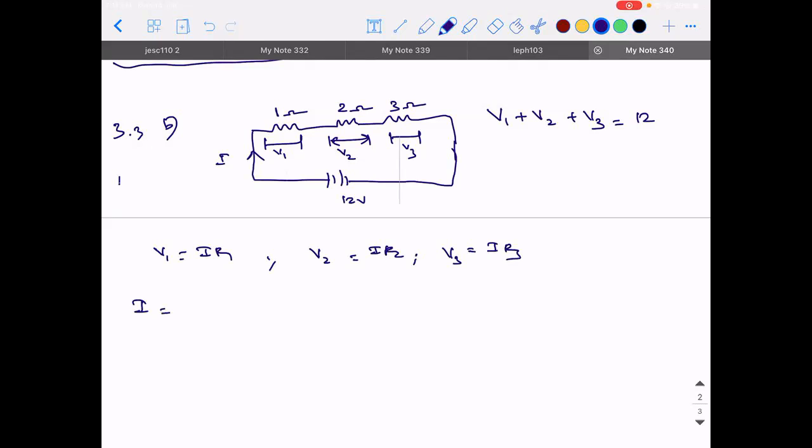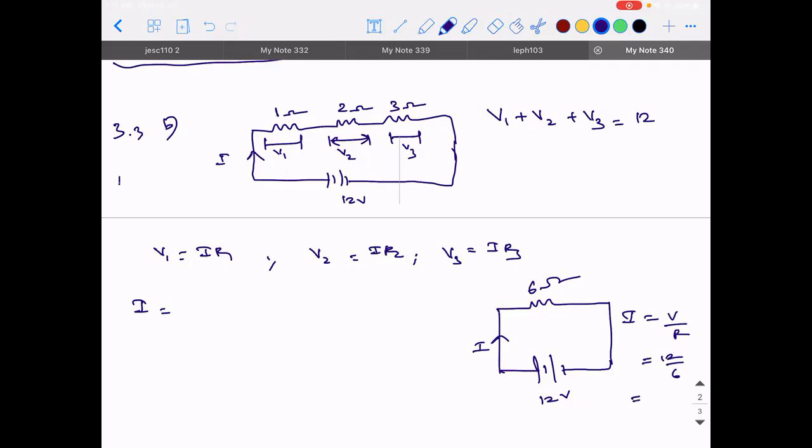Having all these points in mind, let's find out what is the value of I first. For us to find I, we will draw the equivalent circuit of this particular network. 12 volt, and there it will be 6 ohm. So what is the value of current, guys? 12 divided by 6, it is going to be 2 ampere.